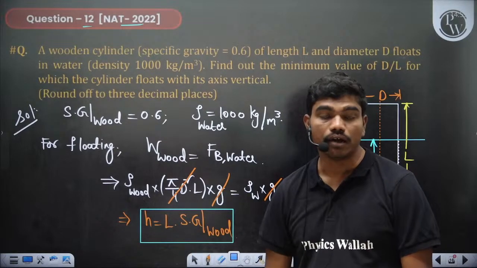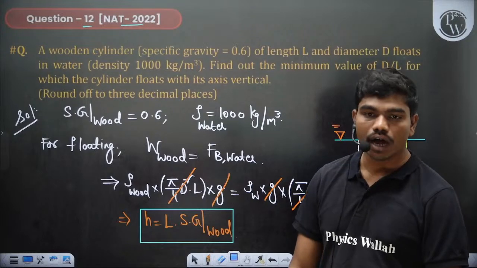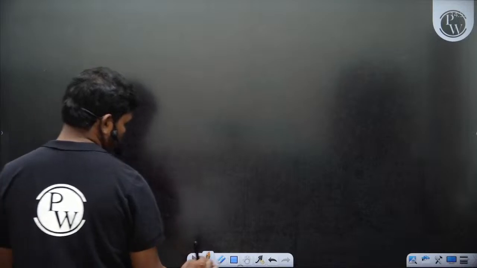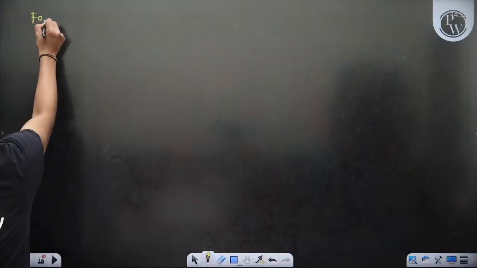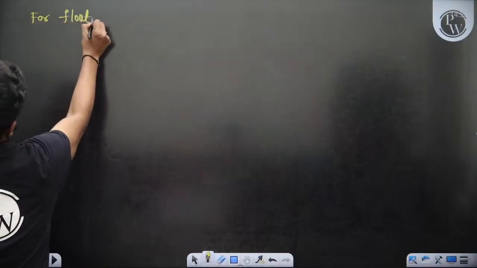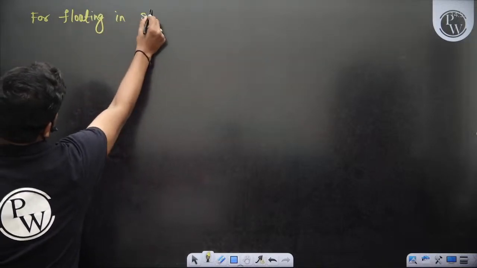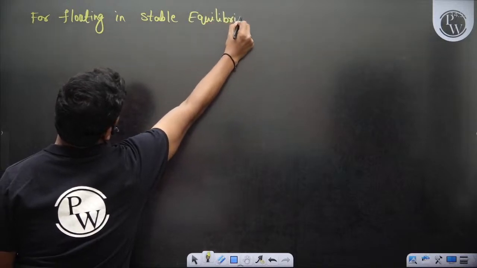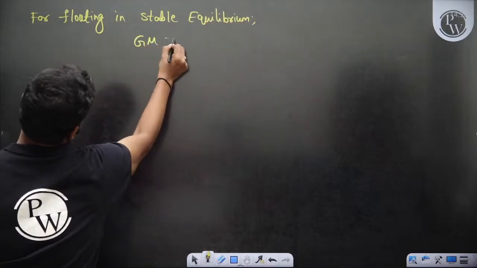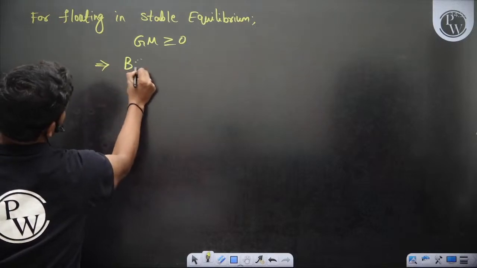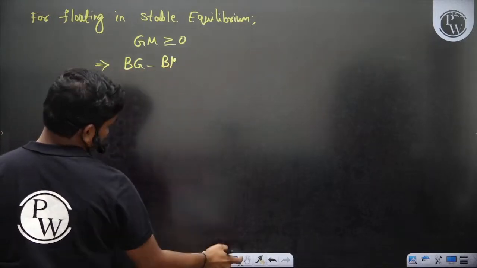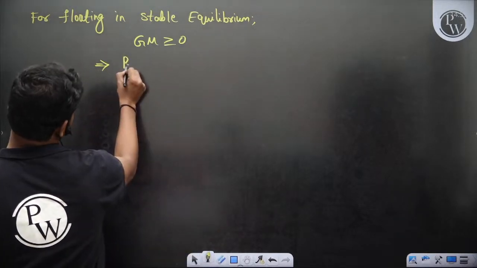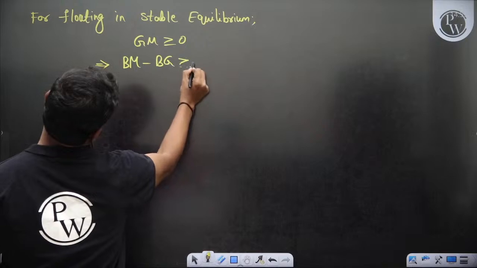Now, with its axis vertical it should float. So how do you do that? It has to be in stable equilibrium. So for floating in stable equilibrium, GM should be greater than or equal to 0, which tells you the metacentric radius BM minus BG should be greater than or equal to 0.